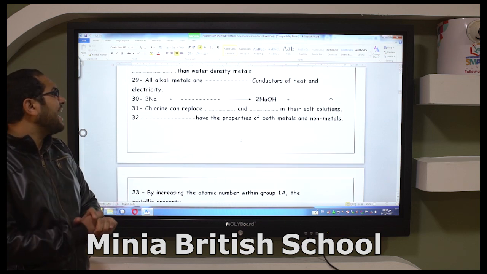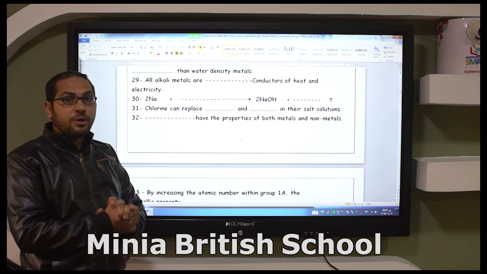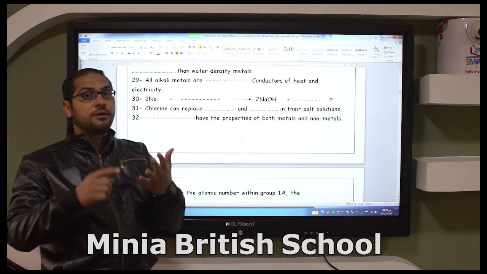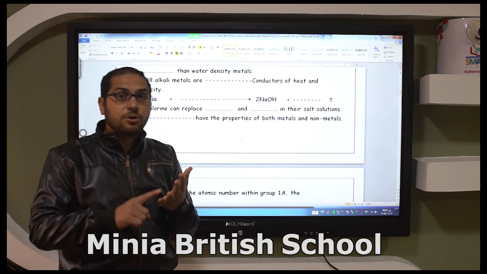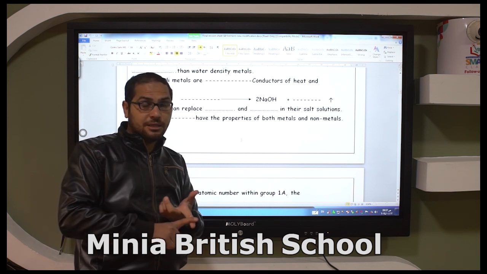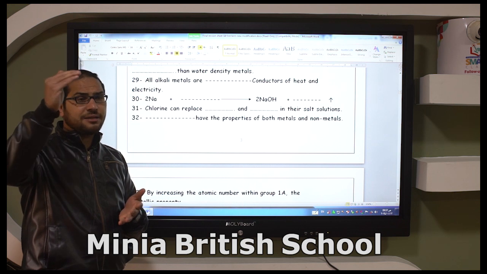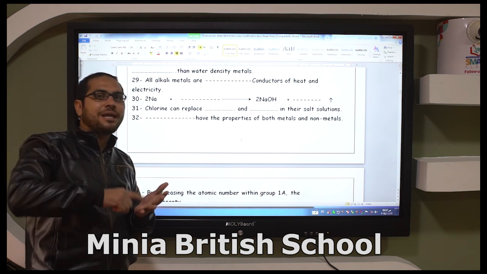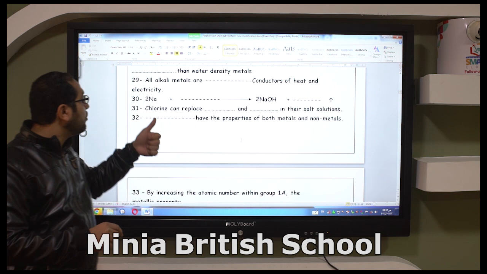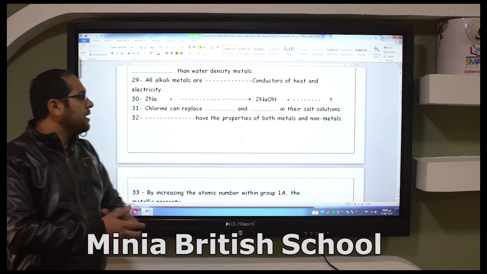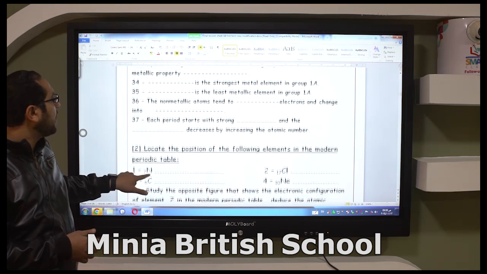Okay, chlorine can replace, this is the halogen. Halogens include fluorine, chlorine, bromine, iodine, astatine. That means chlorine is more active than bromine and iodine, so chlorine can replace iodine and bromine in their salt solutions.